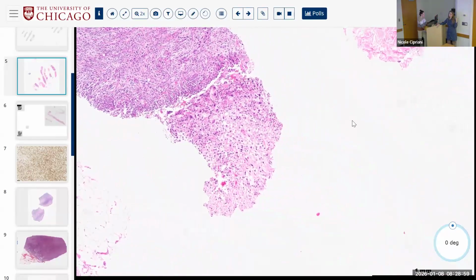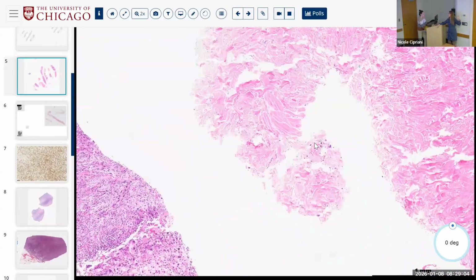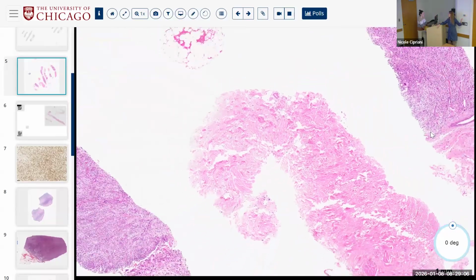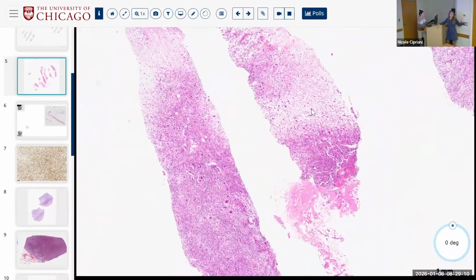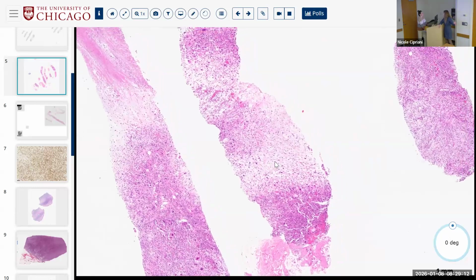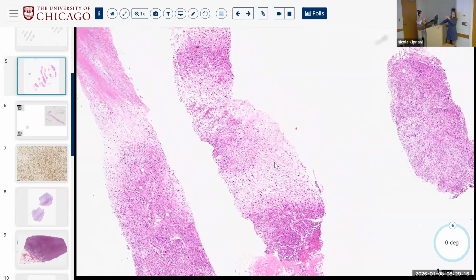So adult, elderly, diagnosis of exclusion, high-grade sarcoma with myxoid features. If you called undifferentiated sarcoma, you also wouldn't be wrong, because basically myxofibrosarcoma is just an undifferentiated sarcoma with some myxoid stuff.